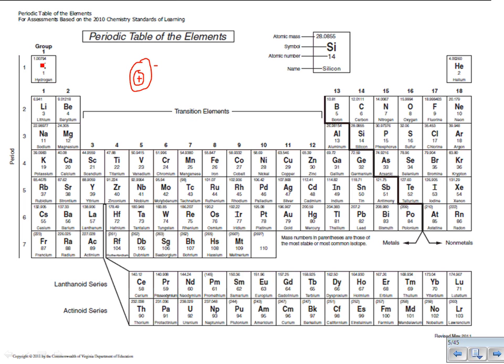It doesn't have a full outer shell, and this first energy level would just need 2 electrons. So it can very easily lose that 1 electron to become simply a proton or a hydrogen ion.